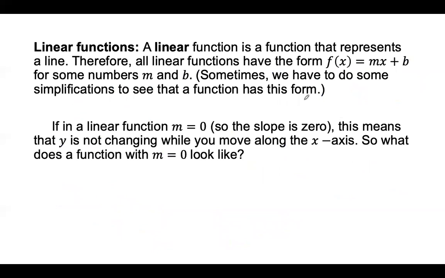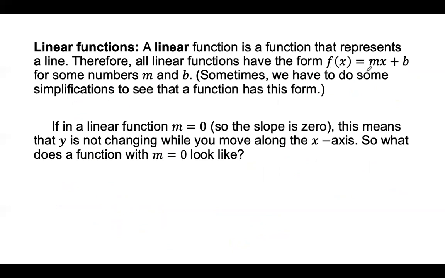So linear functions. A linear function is a function that represents basically a line. So therefore, all linear functions have this form, y equals mx plus b, y equals f of x.